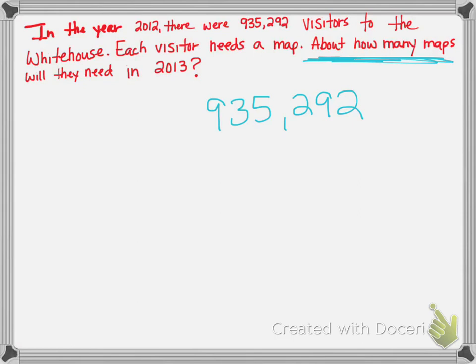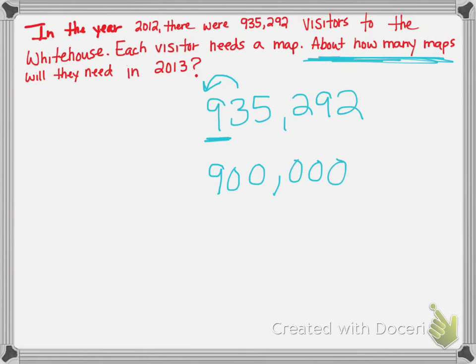If I rounded to the nearest 100,000s, that 3 would tell the 9 to stay the same. So that would give us 900,000. Now think about that.